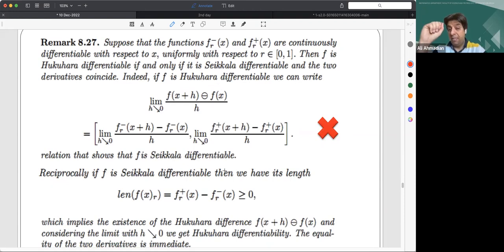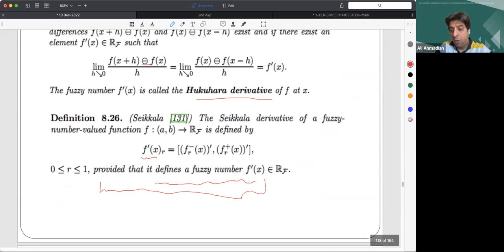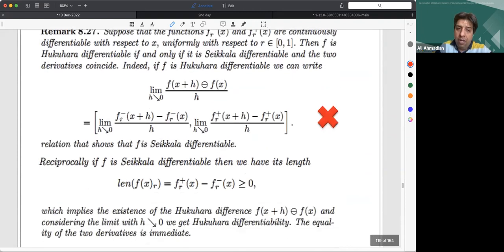What is the problem? I want to expand this definition for the Seikkala or for the Hukuhara differentiability in general. The left side, f minus r, the alpha cut at x plus h, minus f minus at x, over h, the limit, and also the same for the right side.